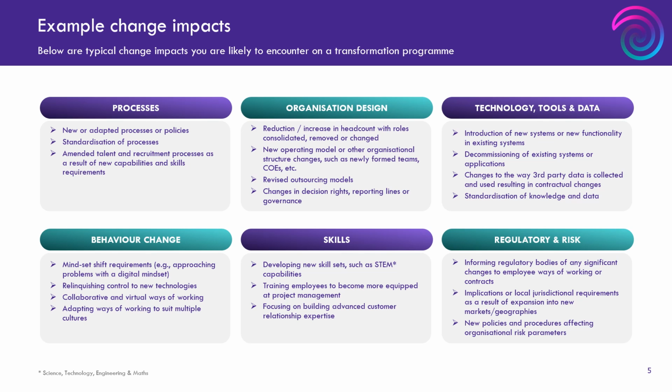With regards to organisation design, you'd be asking questions about headcount, size of teams, shape of teams, structure, operating model. With regards to skills, you'd be looking at what new skills, capabilities, knowledge are needed, who needs it, at what level. Behaviour change, what kinds of mindset or new cultures and behaviours do we need to adopt? So there's some examples here that you can have a read through if you want to pause the video and have a look. And then obviously, as we said on the other slide, you'd have your magnitude, high, medium and low for each of these buckets.